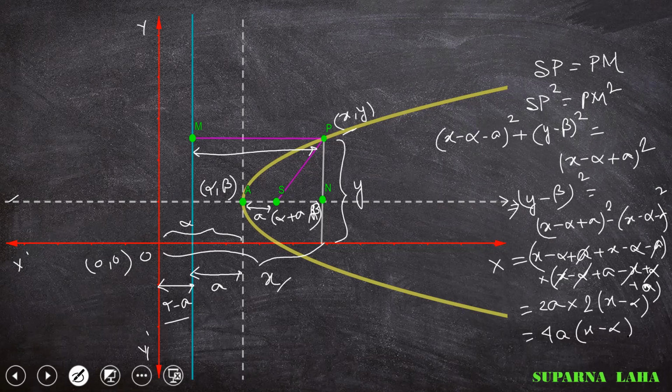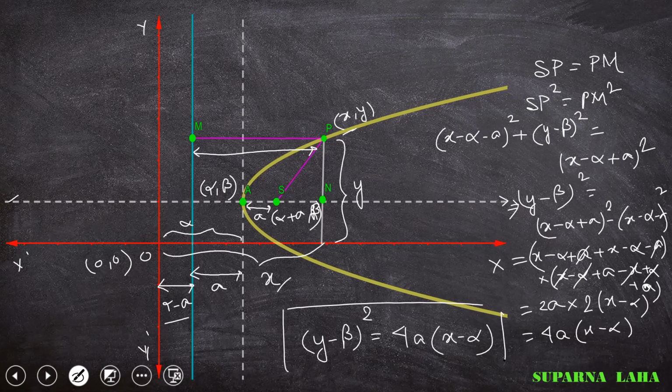So the standard equation of this parabola whose axis is parallel to the x-axis is given by y minus beta the whole square is equal to 4a into x minus alpha. So this is the equation of the parabola whose axis is parallel to the x-axis and whose vertex is given by alpha comma beta.